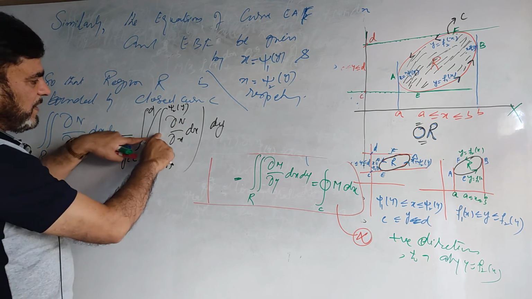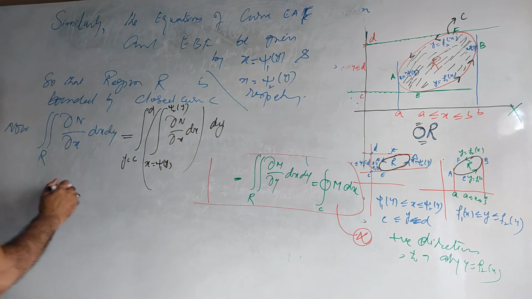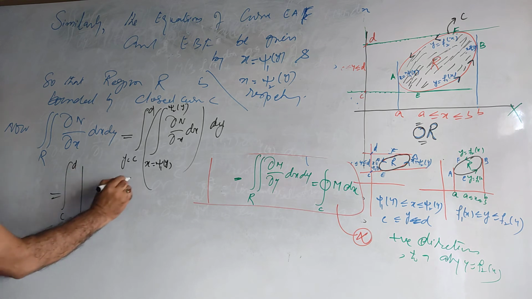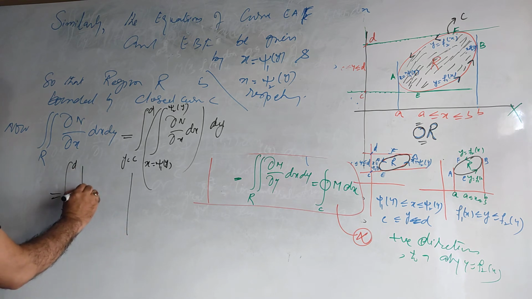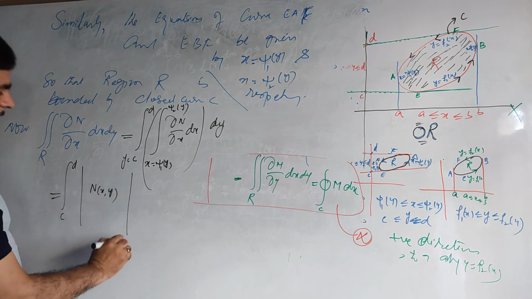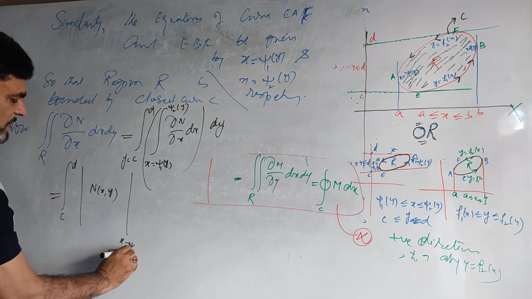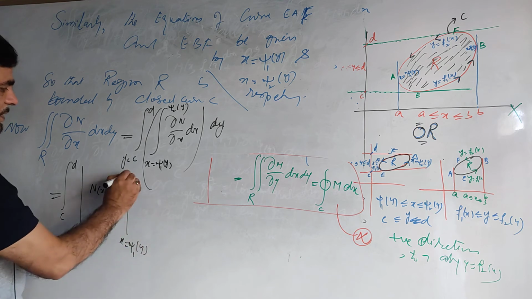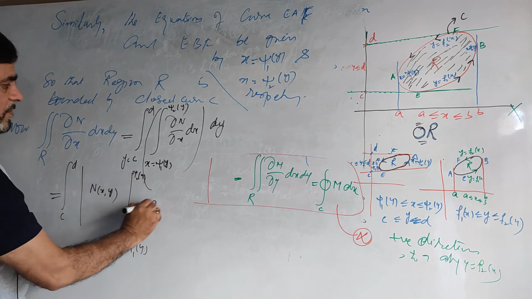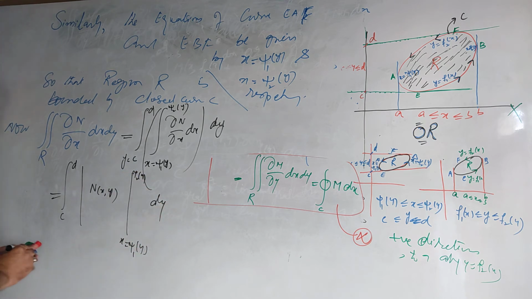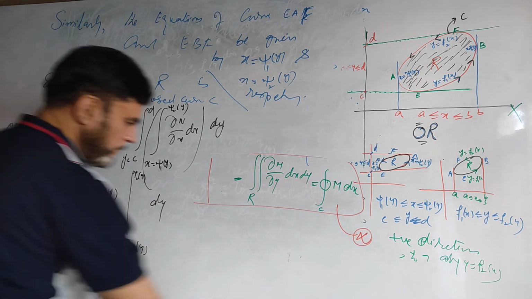It is integrated with respect to x, so it is simply N. It is c to d, and it comes out to be N(x,y) with x going from psi 1(y) to psi 2(y), dy.